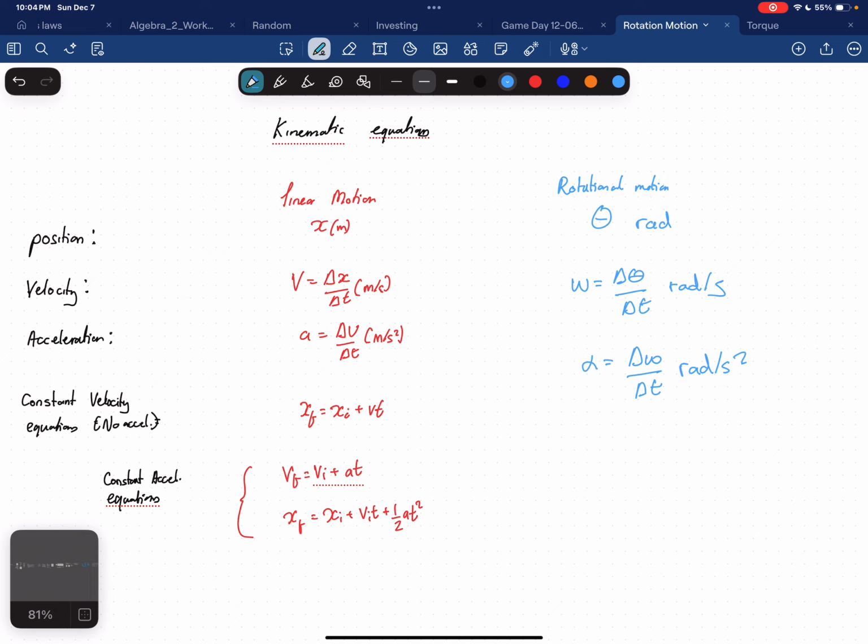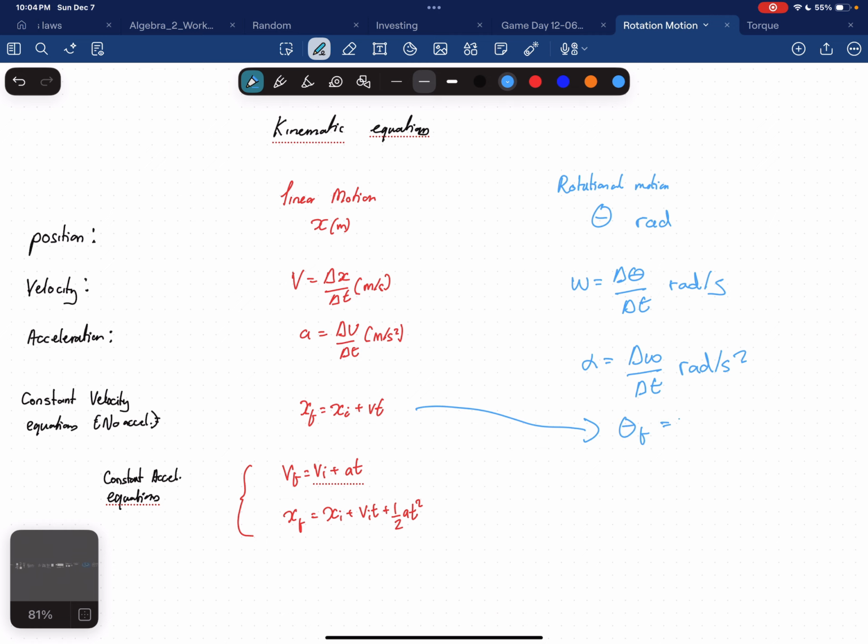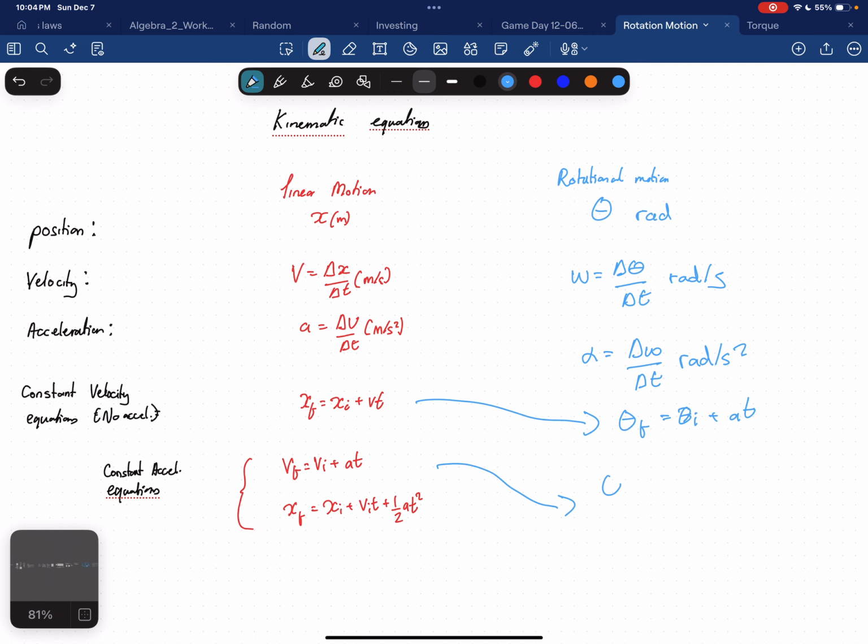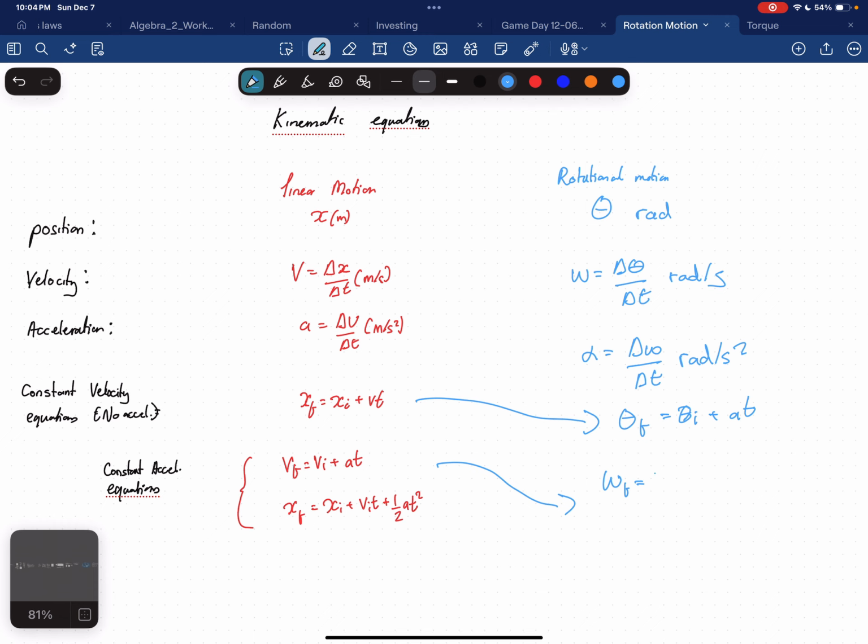Constant velocity equation with no acceleration really is the same thing for us: theta f equals theta i plus omega t, right? And then these two equations right here, we have omega f, my mistake, because that's velocity, right? And that equals the initial angular velocity plus alpha t.